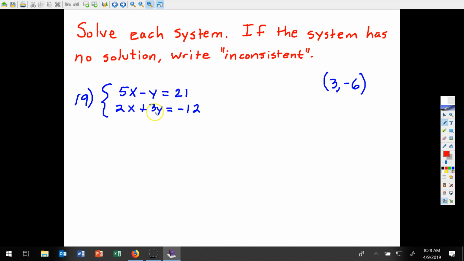So elimination says pick a variable to cancel, and you can do that in a couple of ways. I'm going to just multiply the top equation by 3, and I'll write that in up above. Everything in the top equation multiplied by 3.